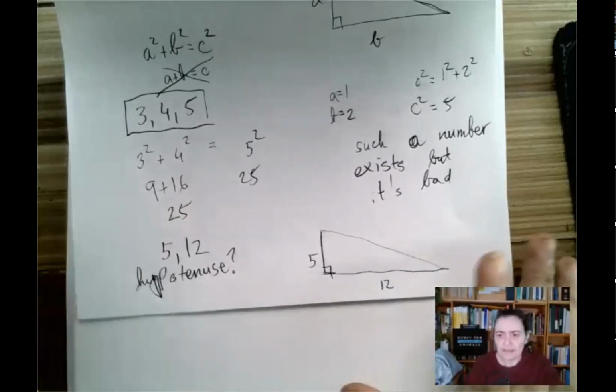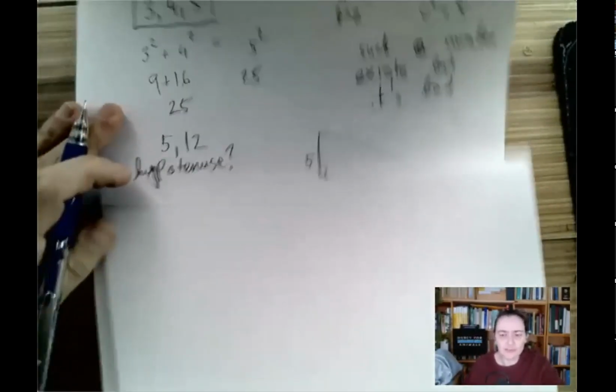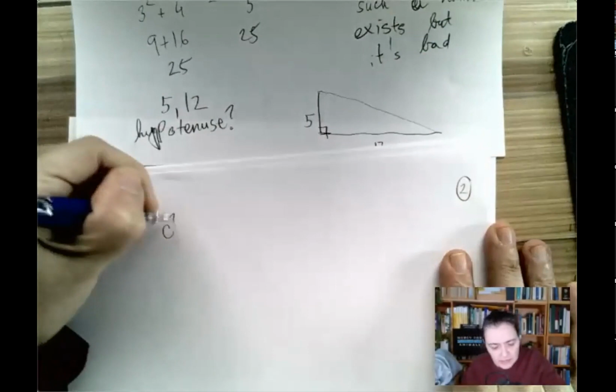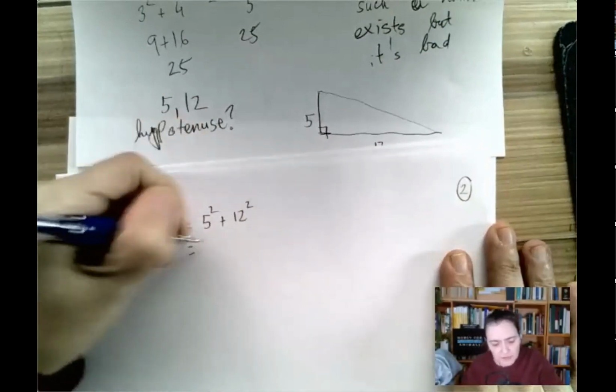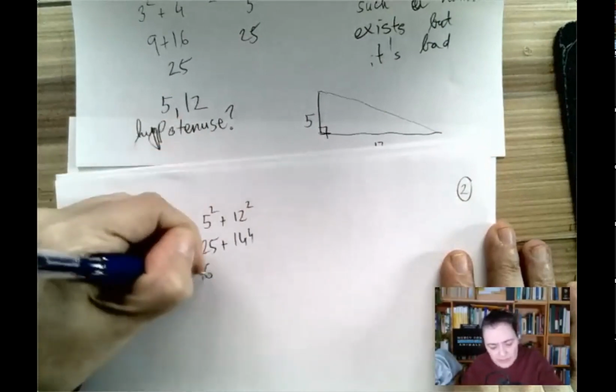Indeed, the correct answer is in the chat box. The smallish Pythagorean triples, as they are called, are kind of famous. You're going to recognize them. Indeed, C squared is 5 squared plus 12 squared, which is 25 plus 144, which is 169.